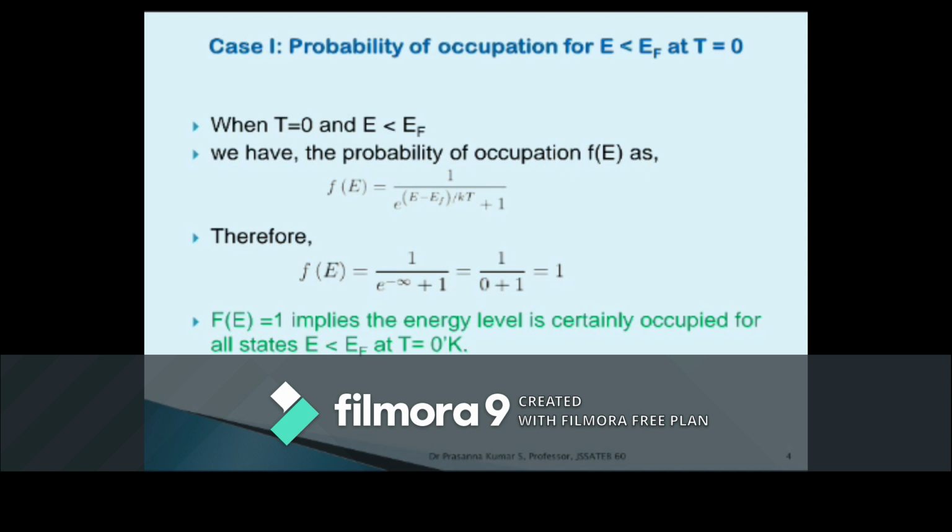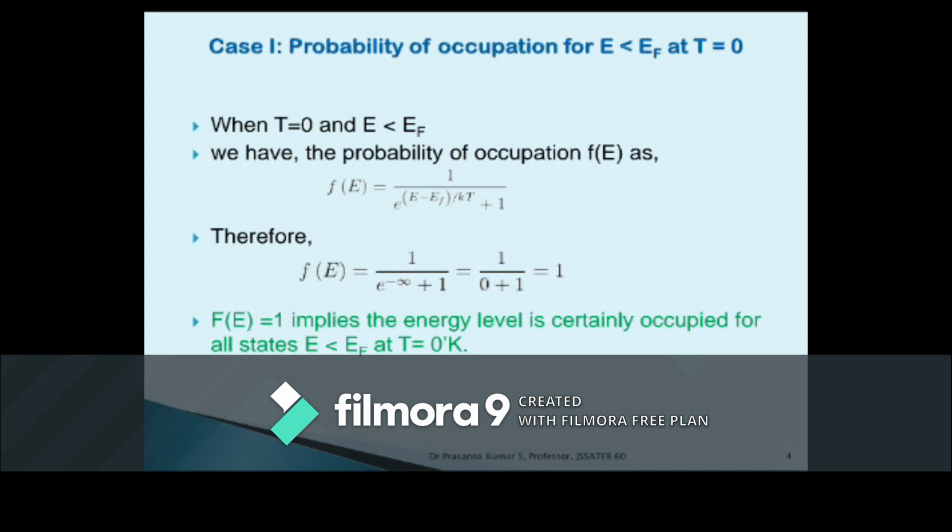That is, we are trying to observe theoretically the probabilities of any occupied state below the Fermi energy at T equal to 0 K. Now, we already have the expression for the probability f(E) of occupation, that is the Fermi factor, equal to 1 divided by exponent of (E minus EF) divided by kT plus 1.